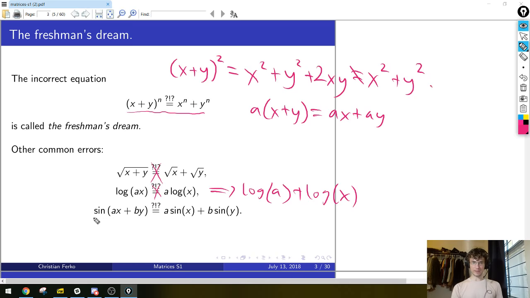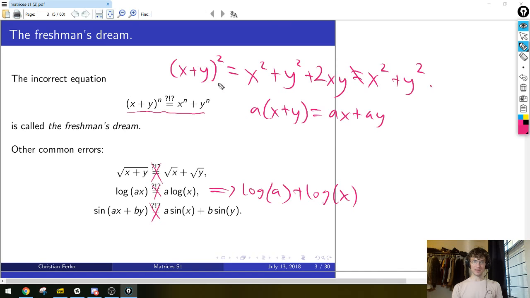Or more generally, something like the sine. We know that the rule for the sine of a sum is something more complicated. There's this angle addition formula. But if you were naively trying to distribute sine across these things, you might think, well, I can distribute it onto the first term and pull out an a and get a sine x, and do the same thing to get b sine y. But that's also untrue.